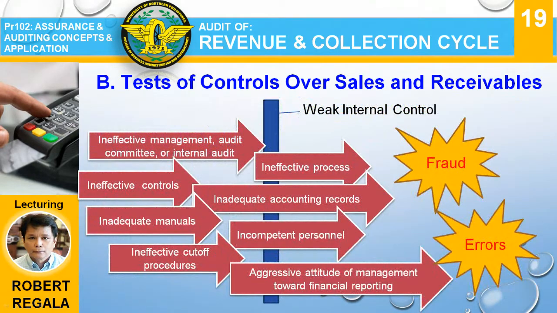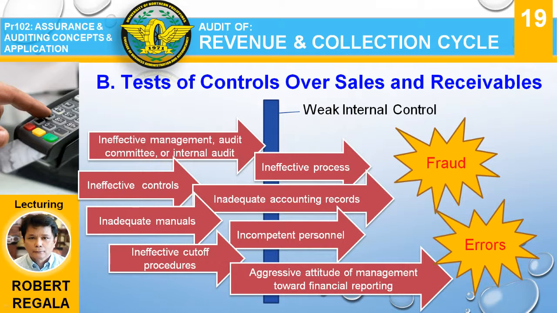Slide 19. The test of controls, when performed, may reveal weaknesses that are factors that increase the RMM due to fraud and errors. Some of these weaknesses may even contribute to a culture where fraud is easily committed.